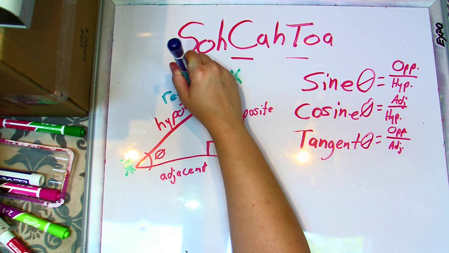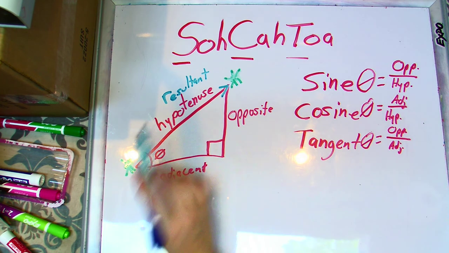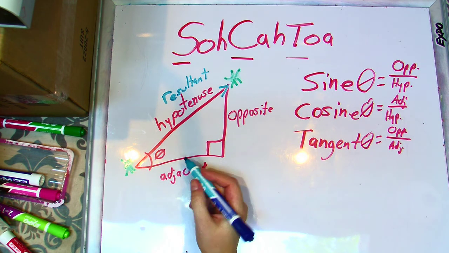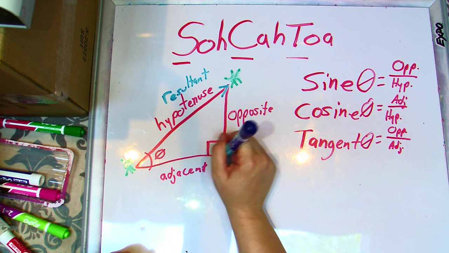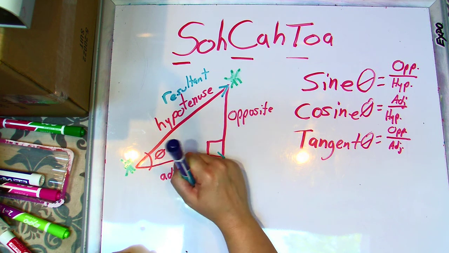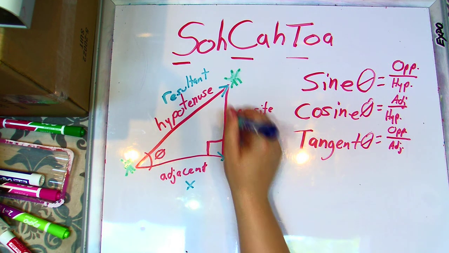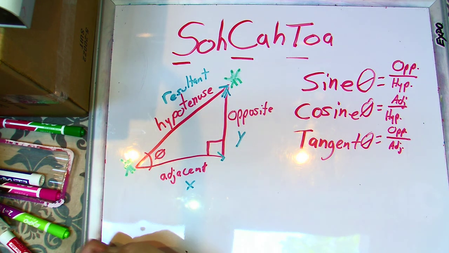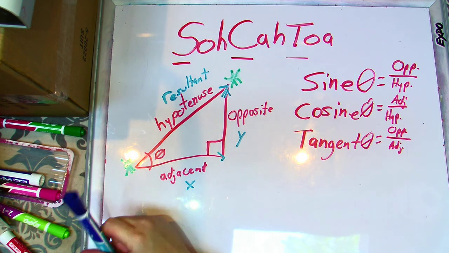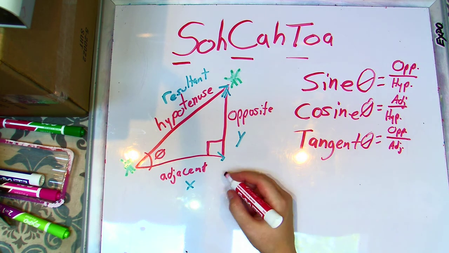So the resultant is also the hypotenuse. To get from there to there, he had to move so much to the right, which would be our x value, if we're thinking about it like a graph, and so much up, which would be the y value.